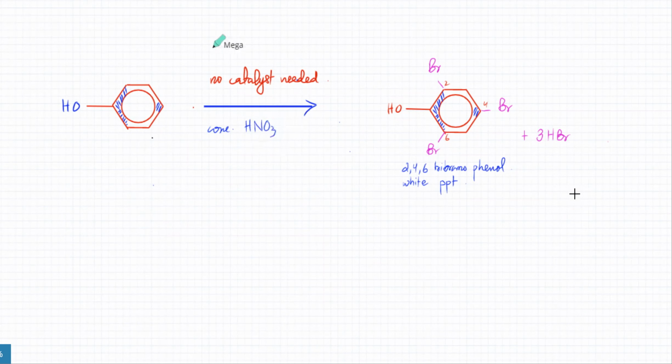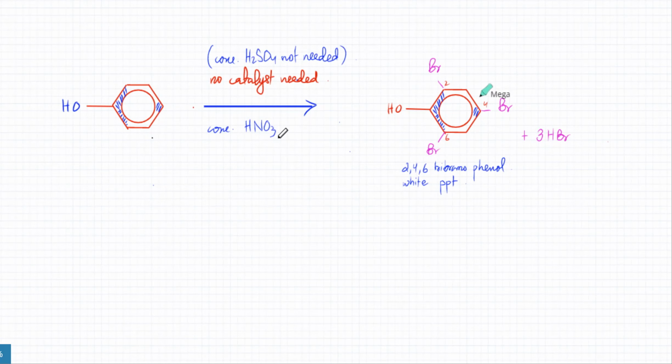Previously, you needed concentrated sulfuric acid as well. This time, it's not needed. You don't need to create the NO2+ electrophile now, because the polarizing power would be so high that the nitric acid molecule is going to be polarized on its own.